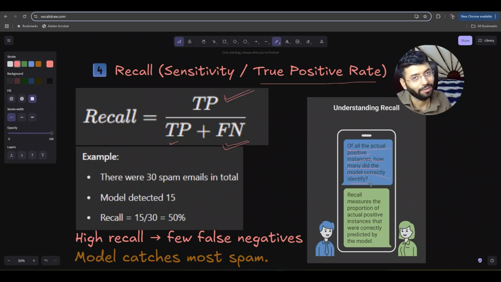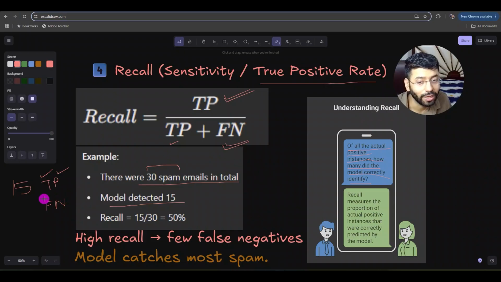In normal terms, of all the actual positive instances, how many did the model correctly identify? Let's say there were 30 spam emails, out of which the model only detected 15. So 15 would be true positive because you correctly identified spam emails. For the remaining 15 spam emails, you said those were not spam. So the remaining were false negatives, because you incorrectly predicted that it was not spam, but actually it was spam.